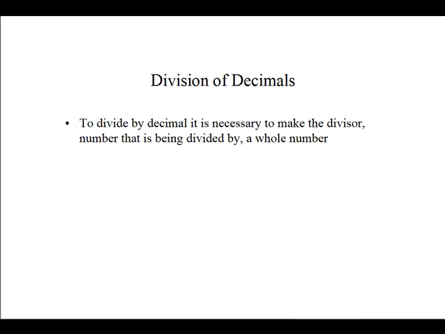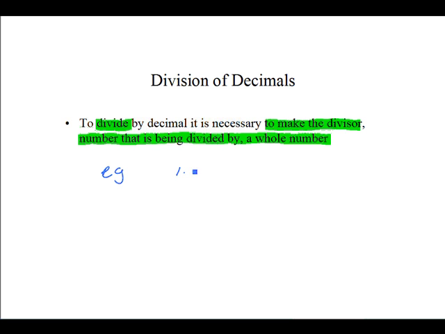Okay, division involving decimals. Now, when you're doing these problems, the easiest way to do it is to make the divisor, the number after the division sign, into a whole number. We do that because that puts our decimal place in the right position when we do our short division or long division.